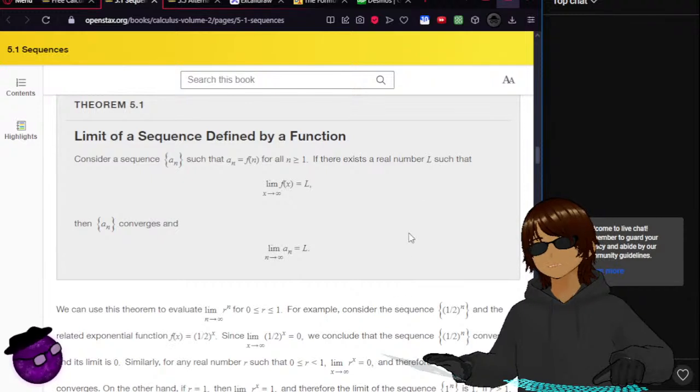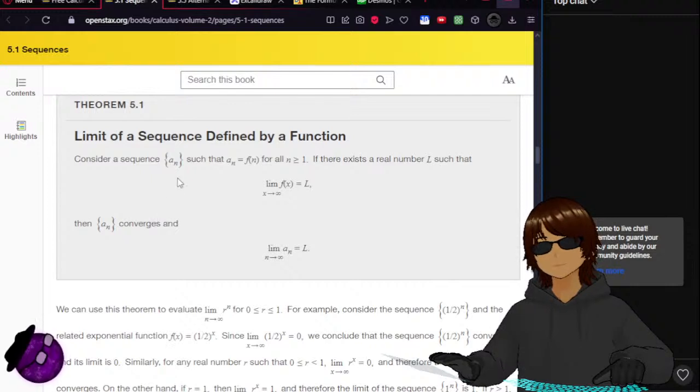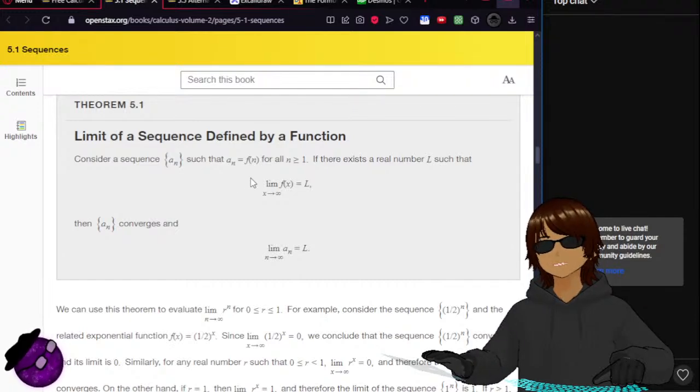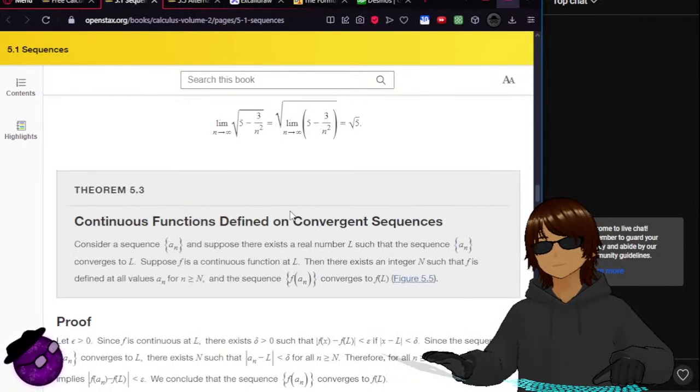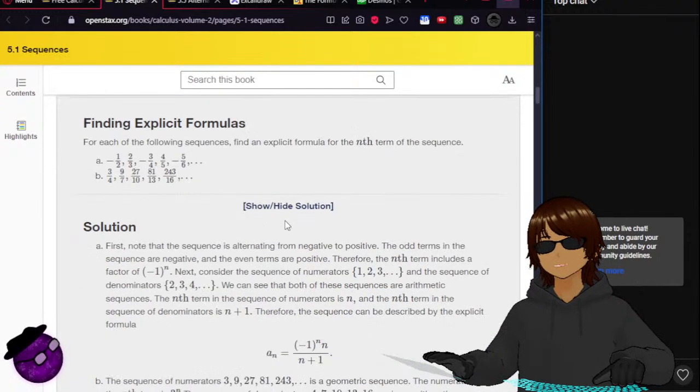I think they should say if there exists a real number L and an integer capital N such that for all n greater than or equal to capital N there exists a limit, then a_n converges. So they're finding a function such that each term of the sequence is equal to that function. I think there are better concepts of convergence later on.